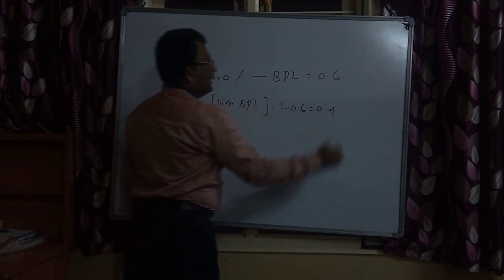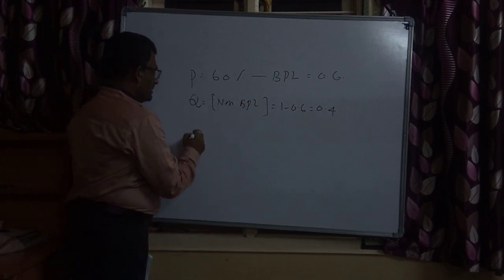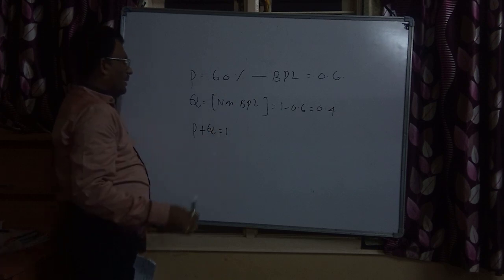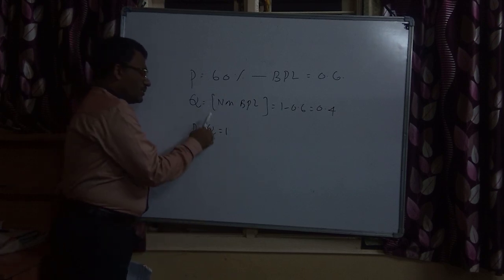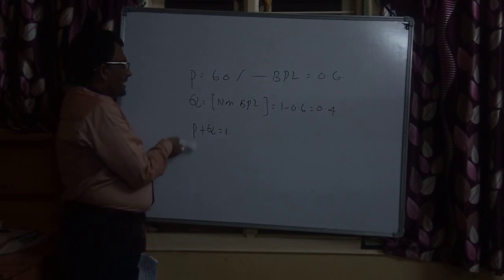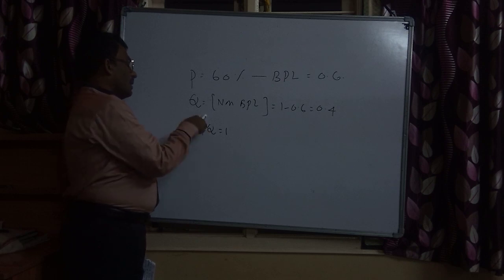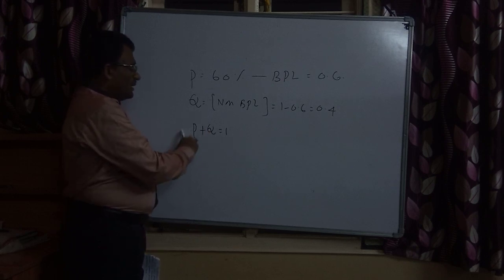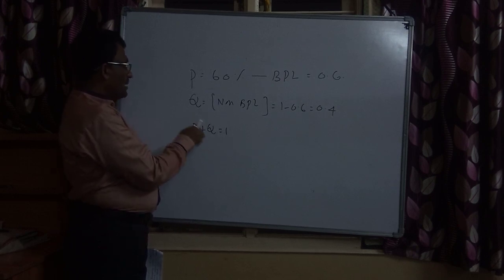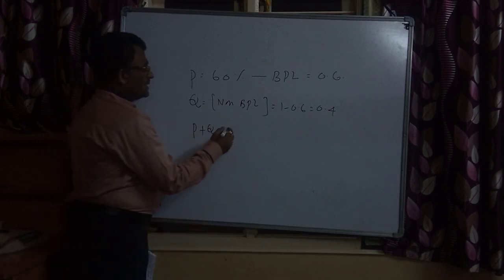In the case of binomial distribution, or any probability distribution for that matter, always P plus Q is equal to 1. Probability of success plus probability of failure is always equal to 1. The probability of expecting an event and the probability of not expecting it, favorable and not favorable events, occurrence and non-occurrence, that is going to be 1, and this is nothing but 100%.